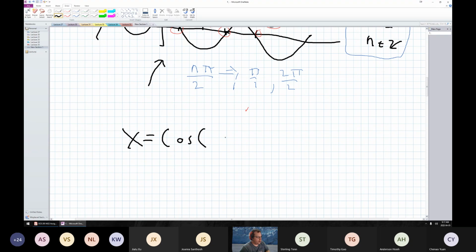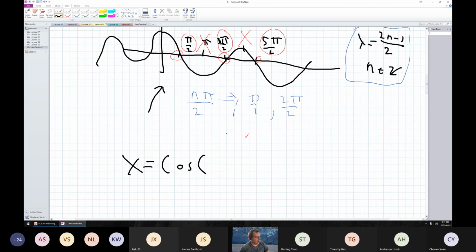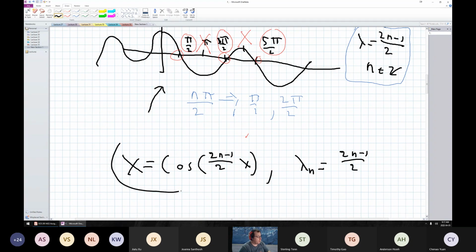It doesn't matter, because at the end of the day, you're going to use superposition to add in constants. So here I have X of x equals cosine of lambda times x, with lambda n equal to 2n minus 1 over 2. This is what I wanted to get.